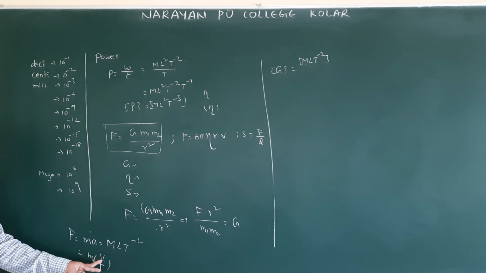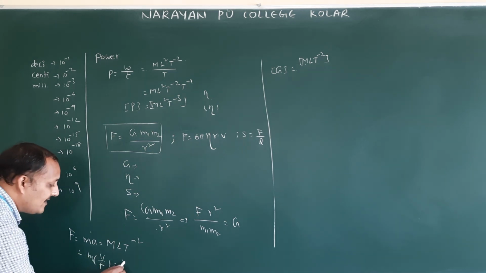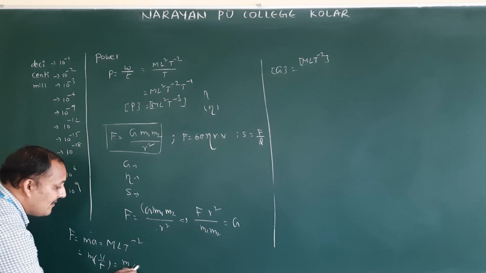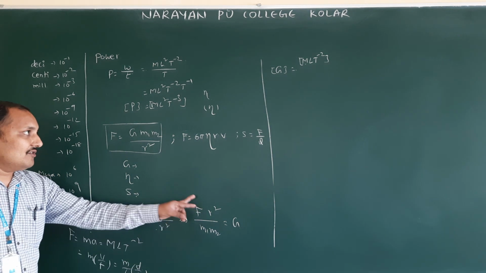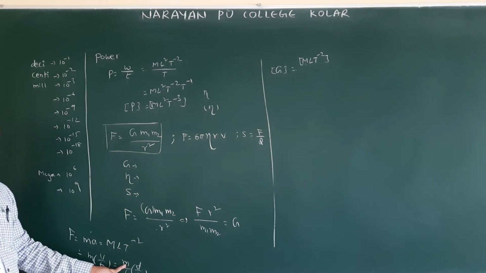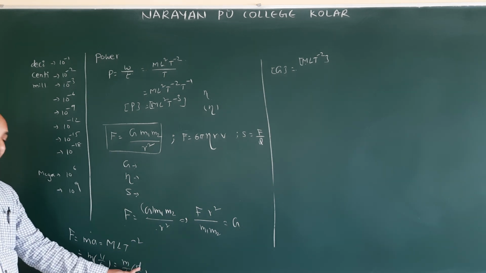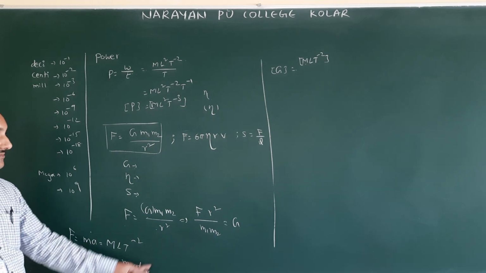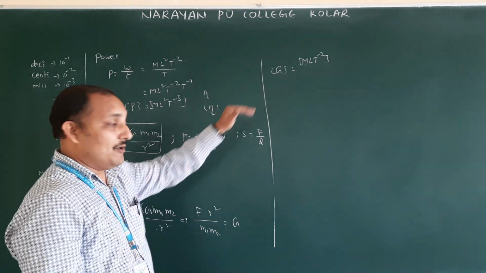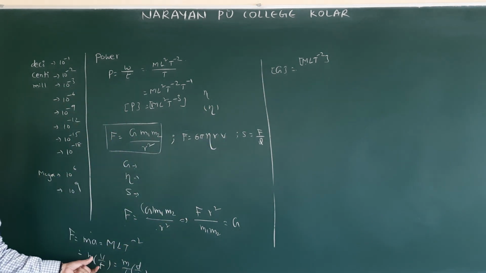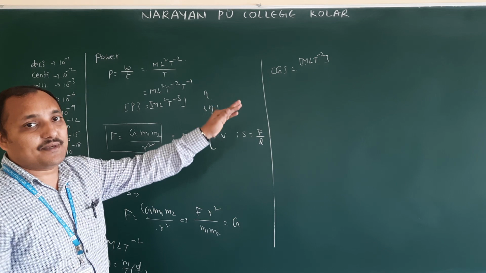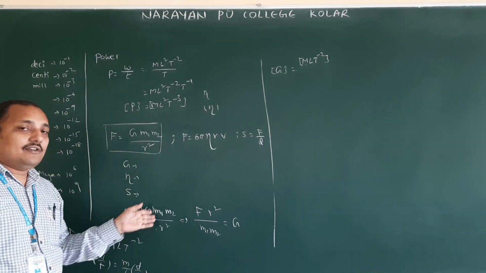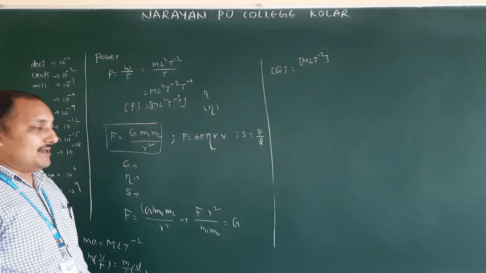If you forgot velocity also, then write displacement by time. Now definitely you will get the force dimension formula: M is capital M, distance is L, T into T by T square, then you get M L T power minus 2. I am just giving an idea of what to do if you forgot, because you cannot remember everything. At least some dimension formulas you have to remember, then you can write any physical quantity's dimension.